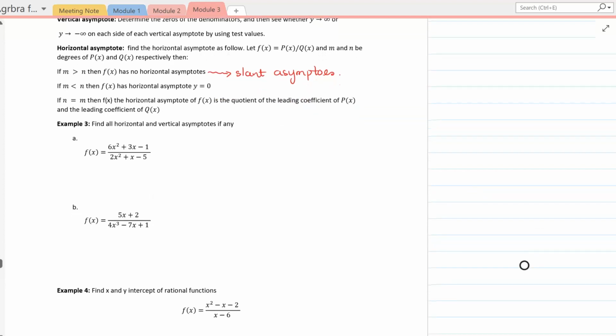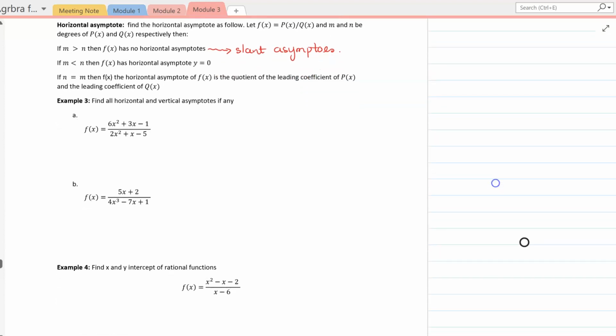Next problem, we want to find the horizontal asymptote and vertical asymptote if there are any. To find the vertical asymptote, we set the denominator equal to 0.